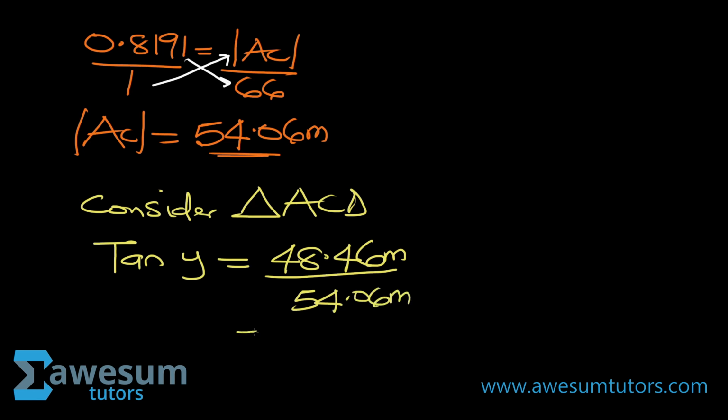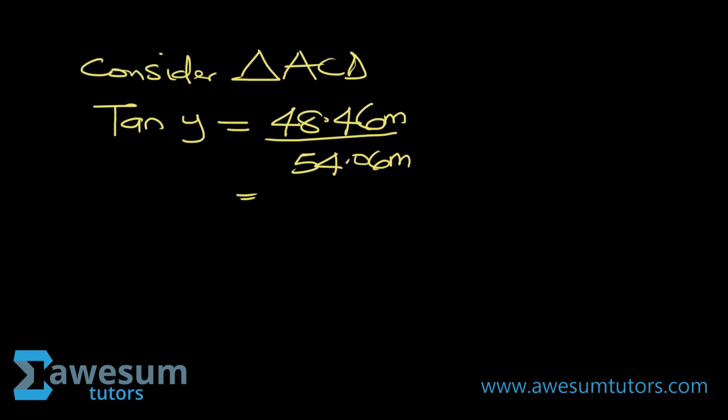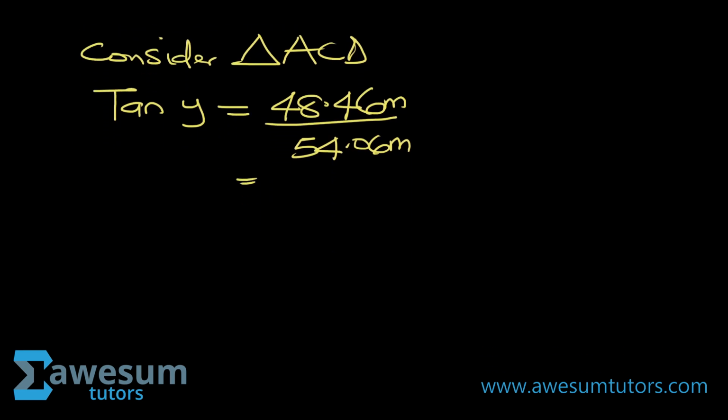Okay, so if you do 48.46 meters divided by 54.06, that is going to give us 0.89641. That is equal to tan y. Okay, but take note, we are looking for y, right?